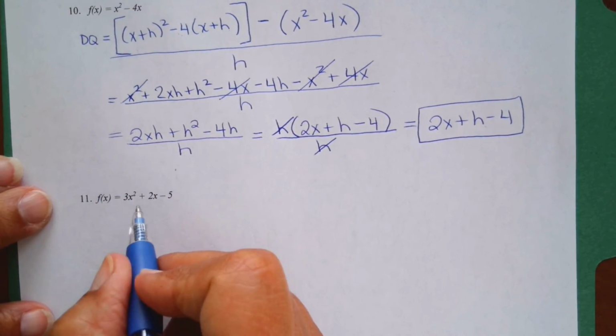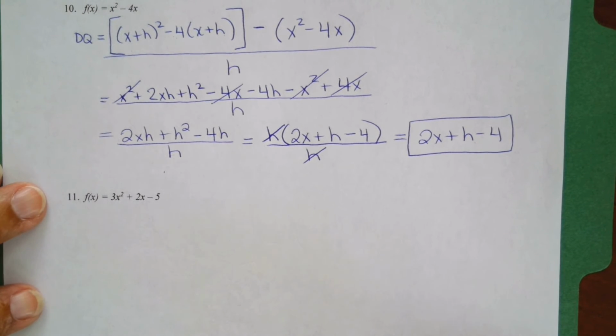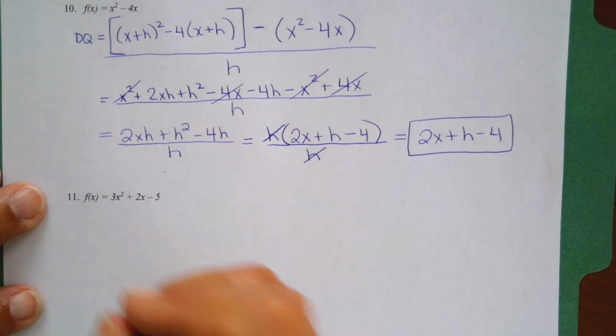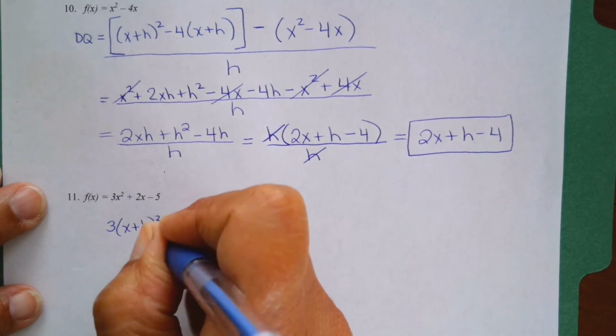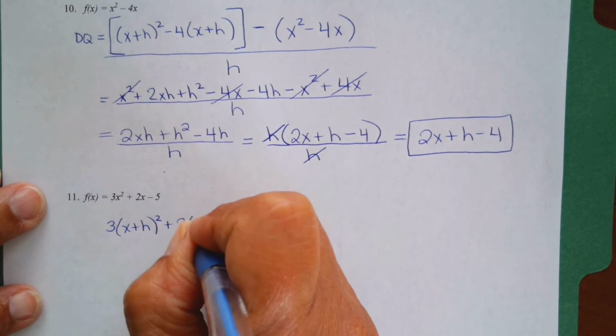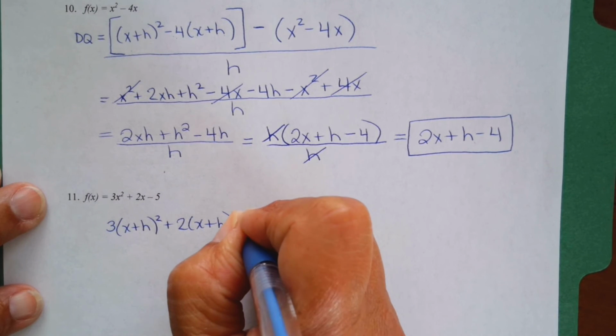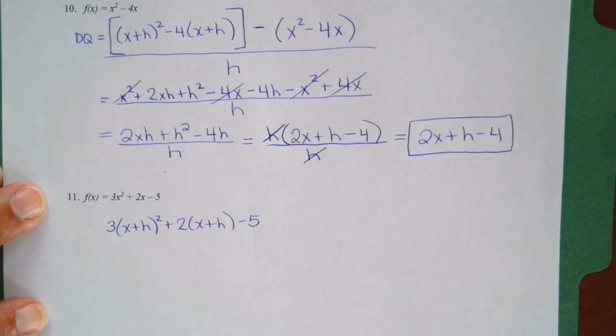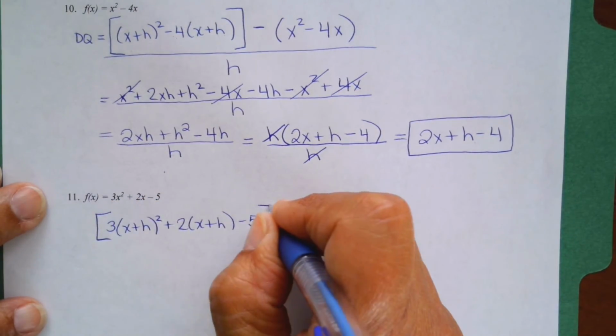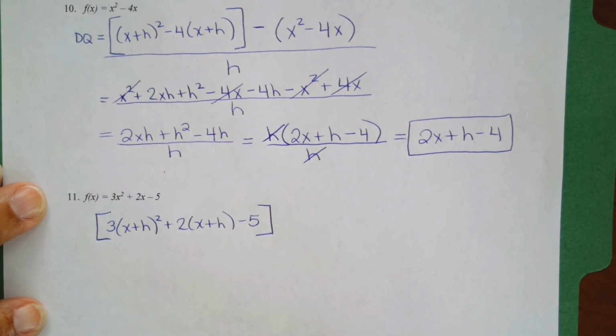So 3 times x plus h squared plus 2 times x plus h minus 5. So everywhere there was an x, I substituted in x plus h. That's part 1. Okay, always.